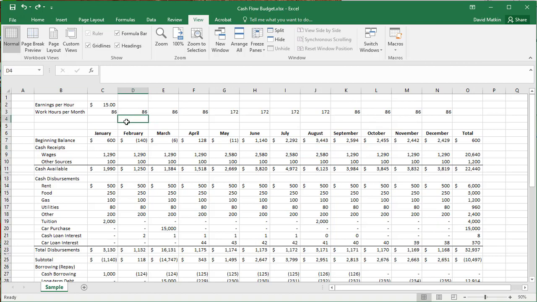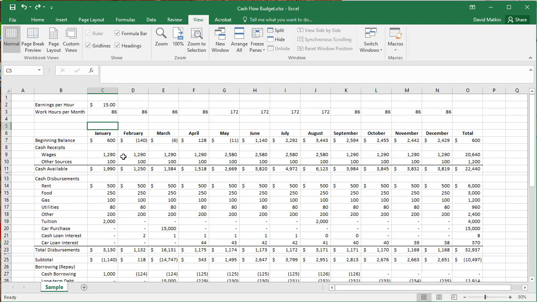So the beginning balance is the first row, which is in every cash flow budget. Then we have a set of rows about cash receipts, which could also be called cash inflows. That's different than revenues, but we'll usually see the term cash receipt or cash inflow on a cash flow budget. The next line items help us recognize how much cash we're bringing in.